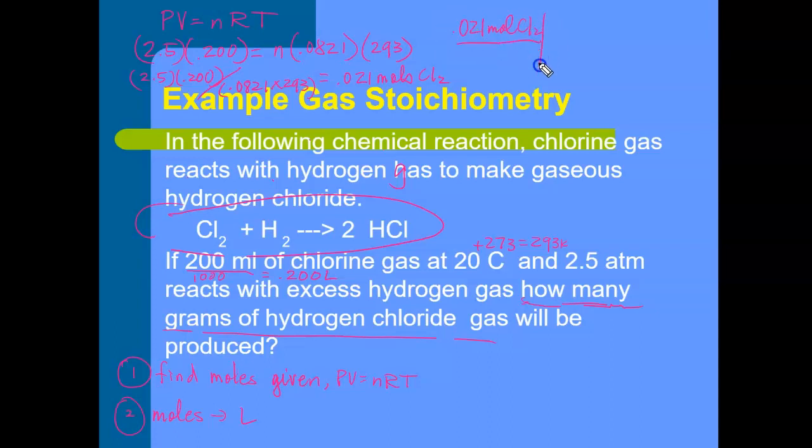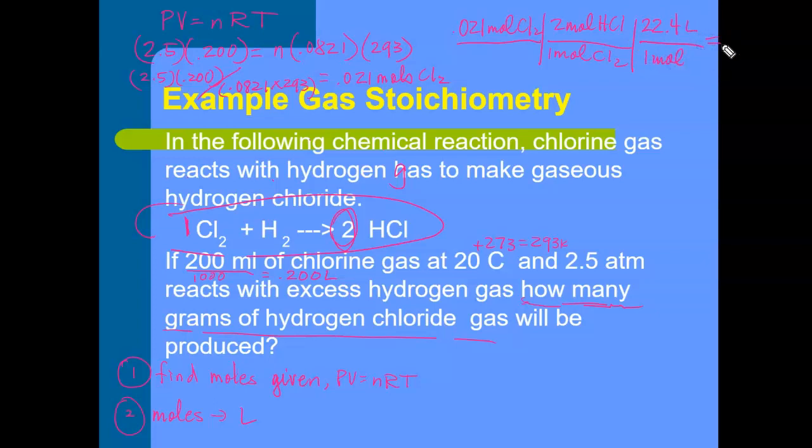And now I'm going to be able to use my mole ratio, which was 1 mole of Cl2 to 2 moles of HCl. Here it is right here, 2 moles of HCl. And I'm going to use molar volume, which is 22.4 liters, because that's equal to 1 mole.